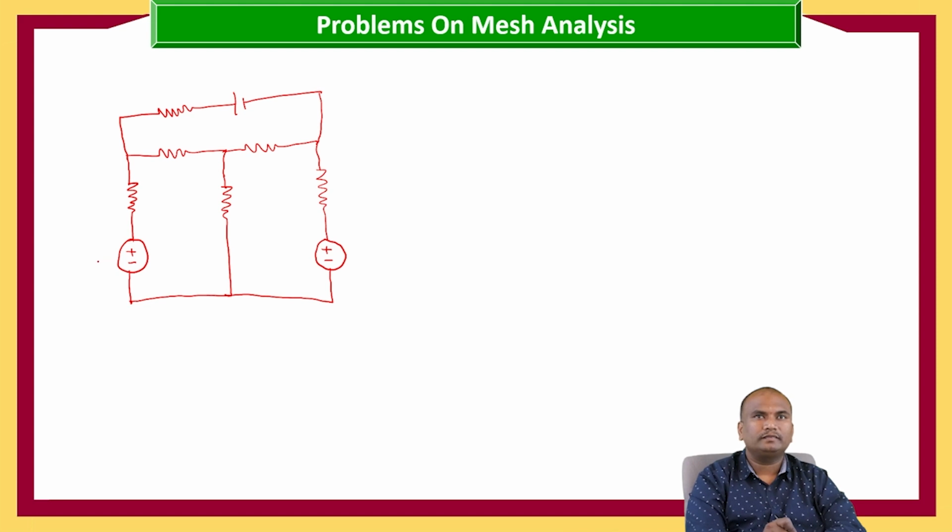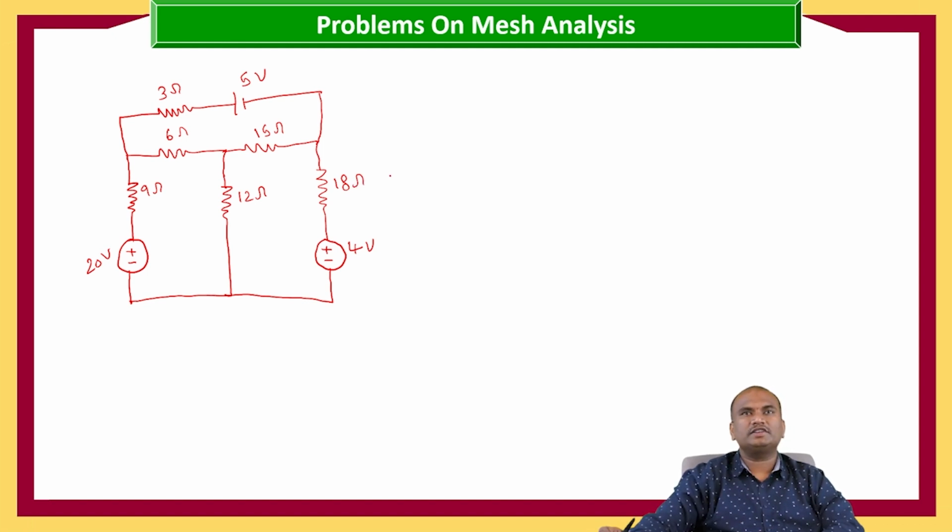Here, let us consider 20 volts, 4 volts, 5 volts, 3 ohms, 6 ohms, 9 ohms, 12 ohms, 15 ohms, 18 ohms. This is our circuit which is given.